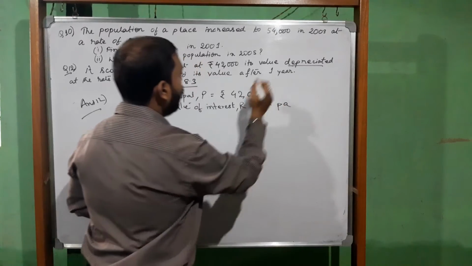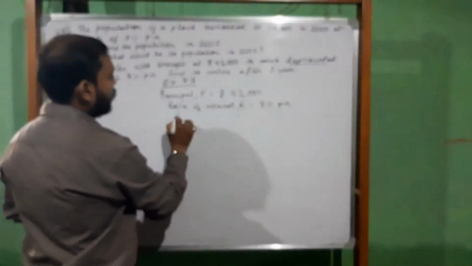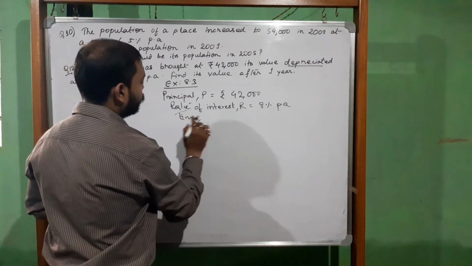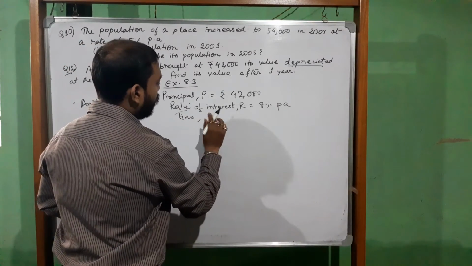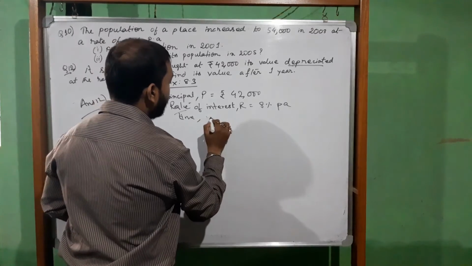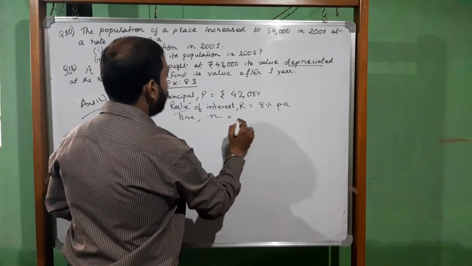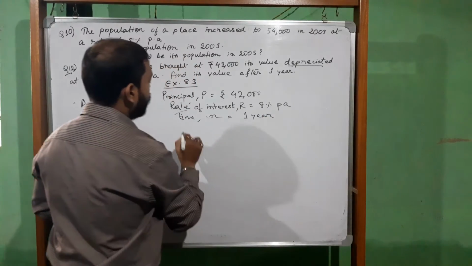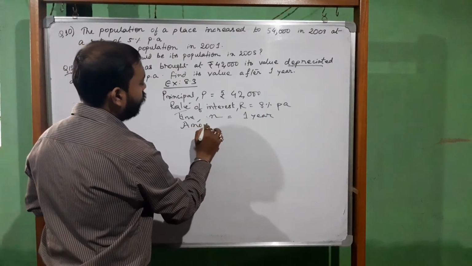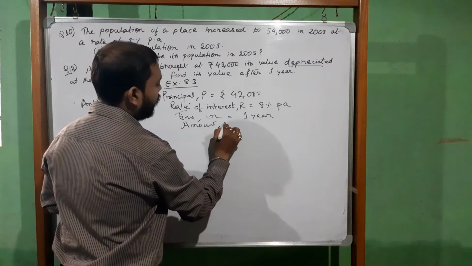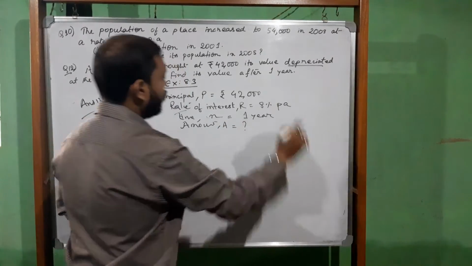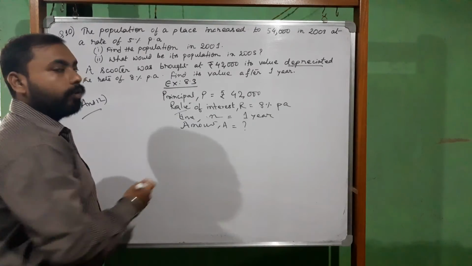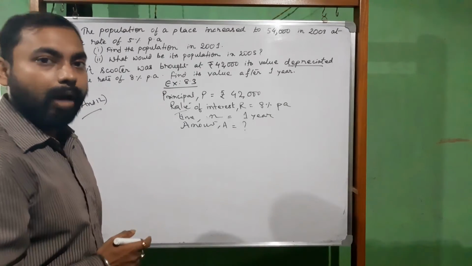Now time, in the formula we write n, so n is equal to 1 year. We have to find out the amount, that is capital A, so we will be using the formula of amount.